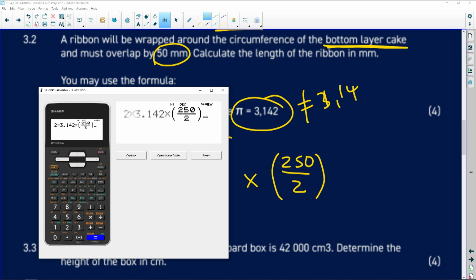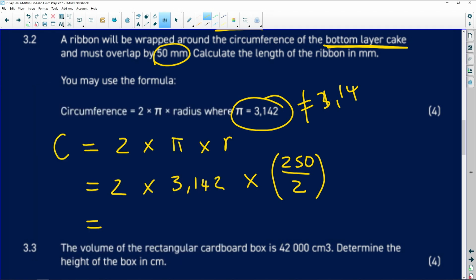Remember, your answer is going to be in millimeters, ne? That's 785,5 millimeters. Okay, and then I need to add the overlap, which is 50.